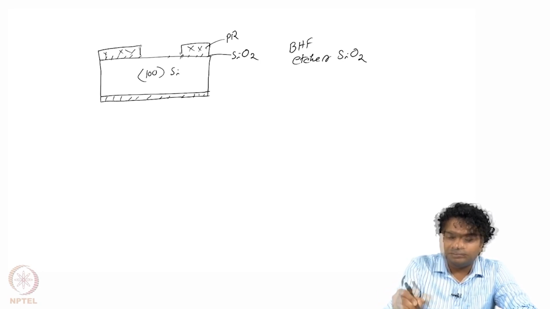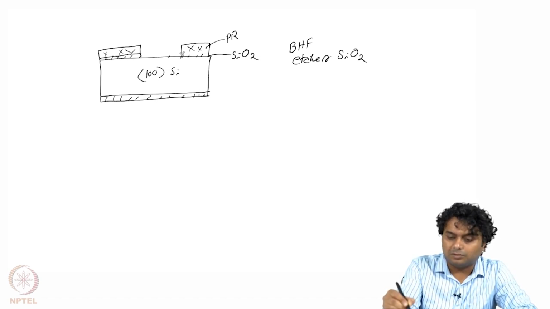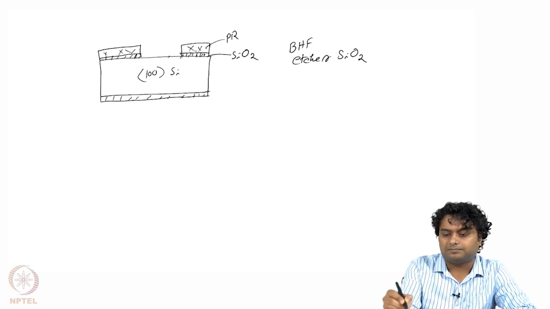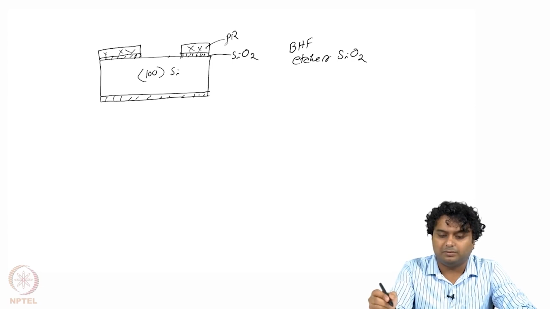So from this region the SiO2 will get etched, and the other two sides, which are protected by PR, there the SiO2 will be there.